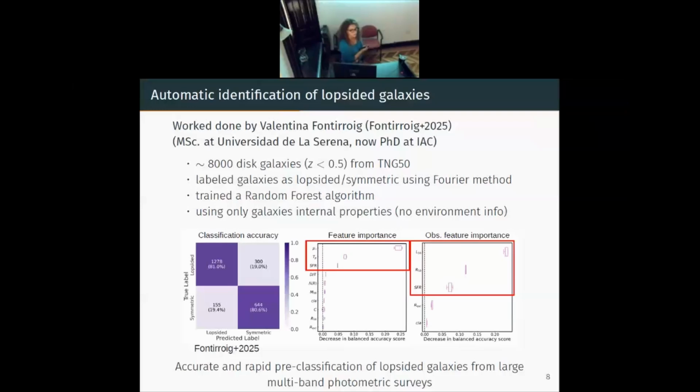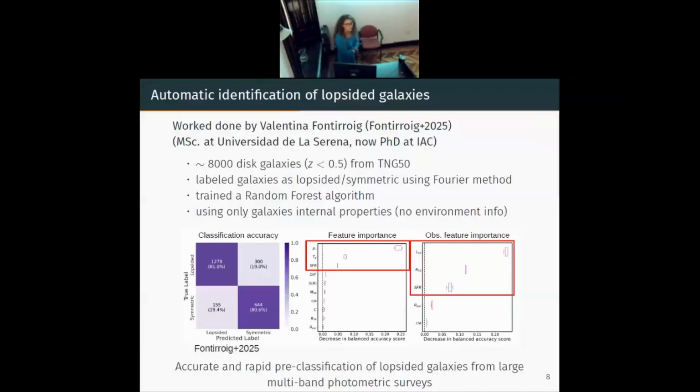And because of this, here I would like to mention what was done by a Master of Science student at the University of La Serena, which I had the opportunity to be part of. And what she did was select a sample of these galaxies, with bulge to total ratio less than 0.5, in the TNG50 simulation.